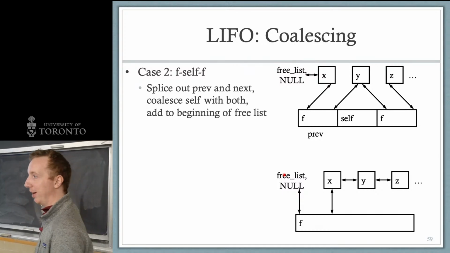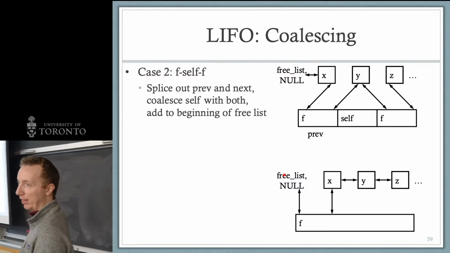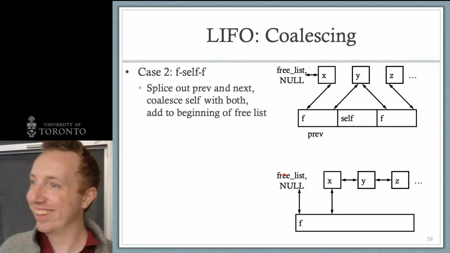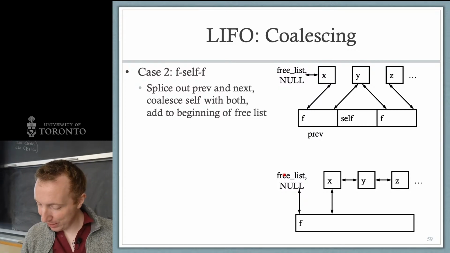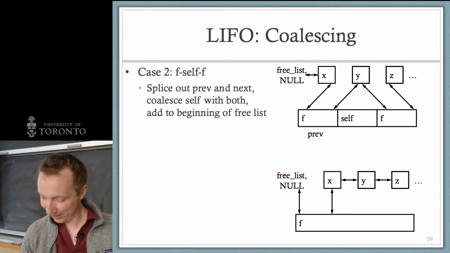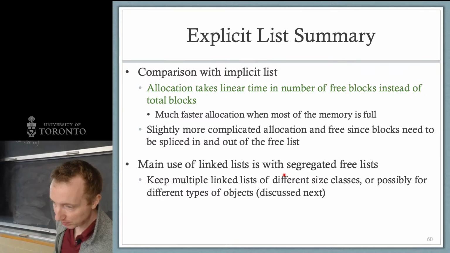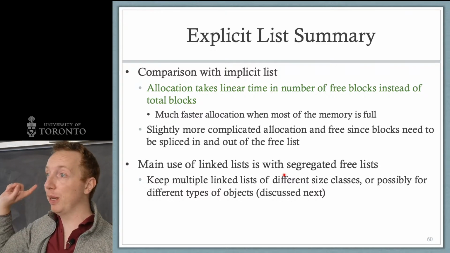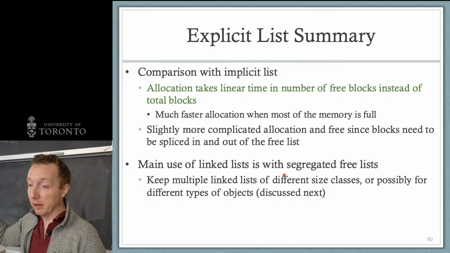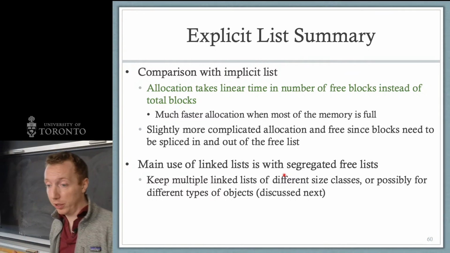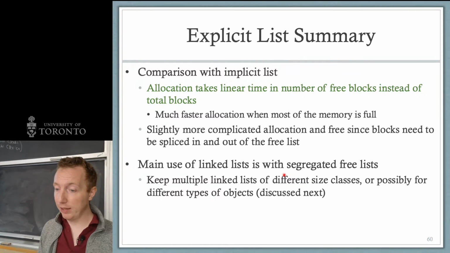Any problems with that other than implementing it and then having an error and then trying to debug it? Yeah, conceptually, not too bad, but that's a lot of pointers. So, summary of this, comparison with an implicit list allocation is going to be a lot better, especially if the memory is really close to full or you're close to using all of your heap space.